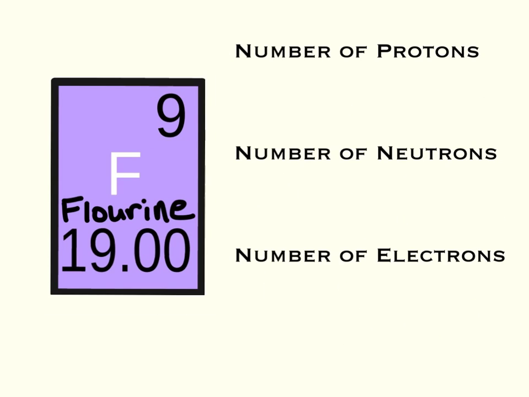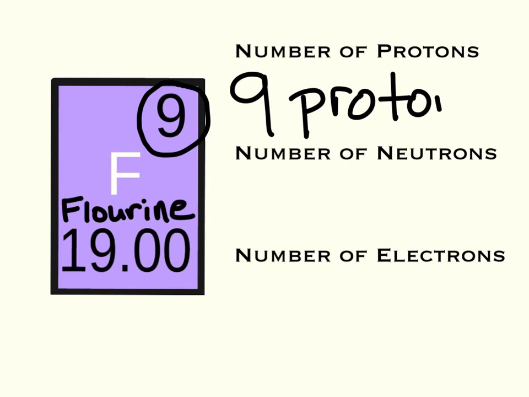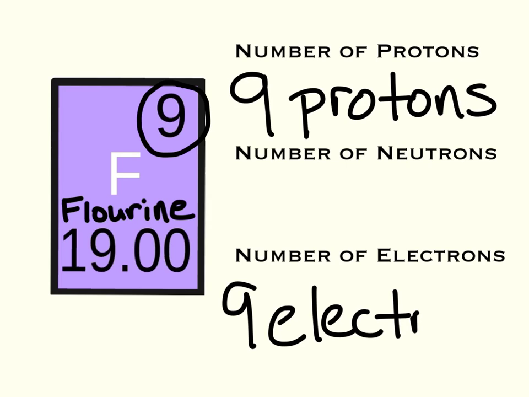Okay, so let's look at more examples. Let's look at fluorine. So again, starting with fluorine, this 9 here tells me how many protons I have. So I have 9 protons because my atomic number represents the number of protons. That also tells me I'm going to have 9 electrons because I need to be a stable atom.